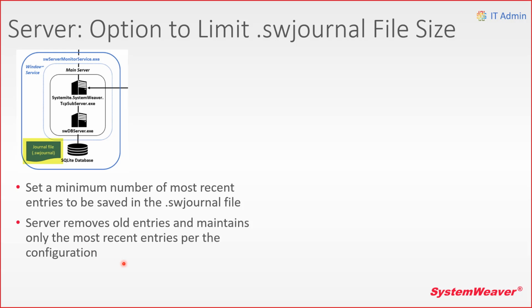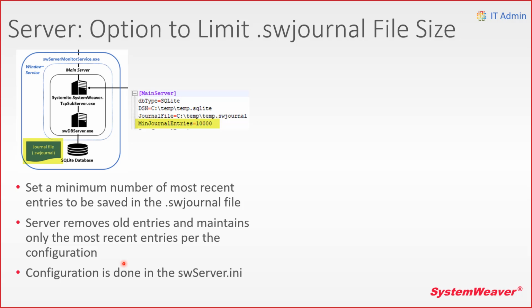The server will then remove old entries and only maintain the most recent ones per the configuration that you set. So we have a new entry in the SV server.ini file called min journal entries.